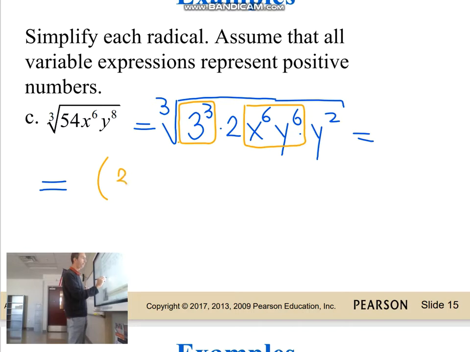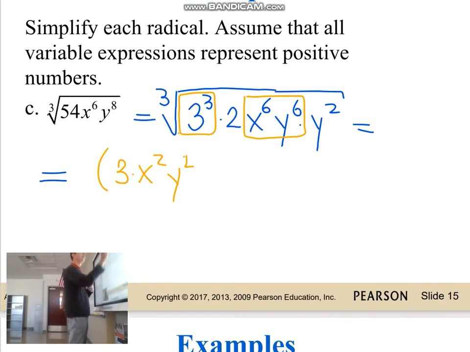Tell me if you understand. 3 times x squared y squared, all this whole thing cubed, and we still have this 2 times y squared, right?